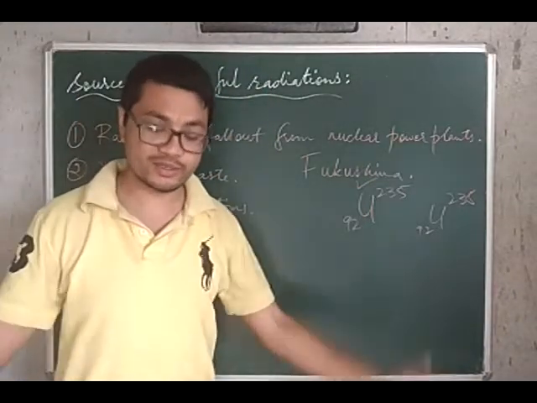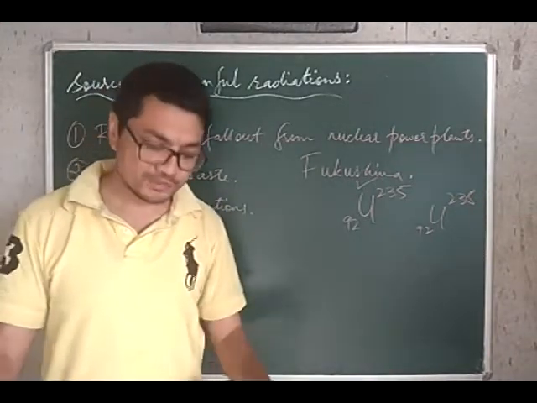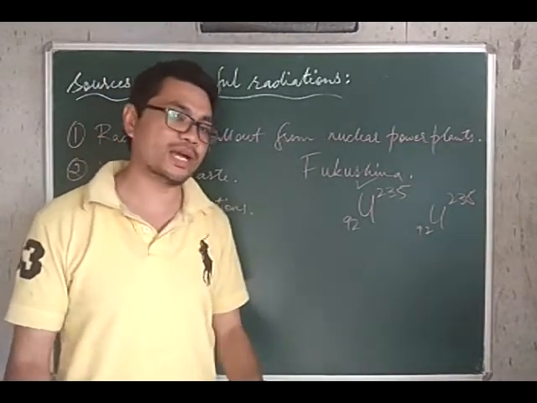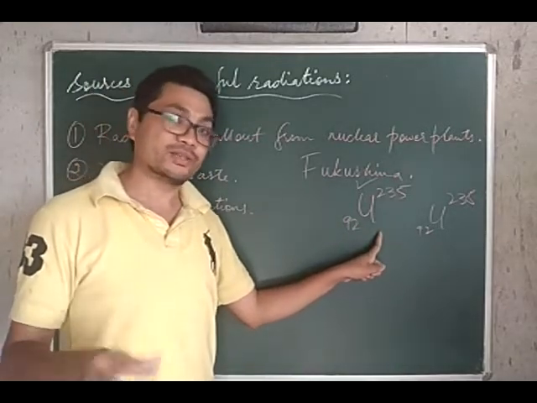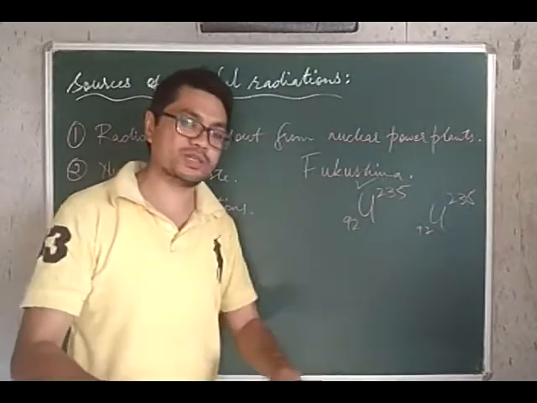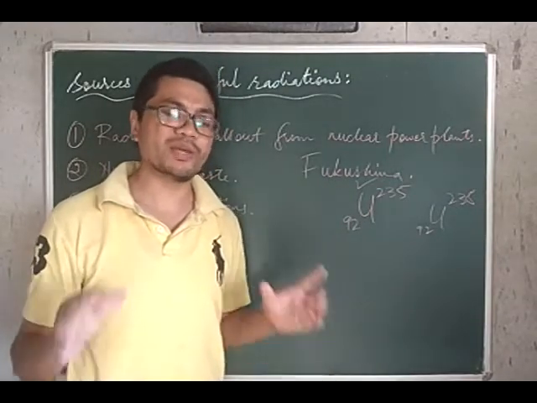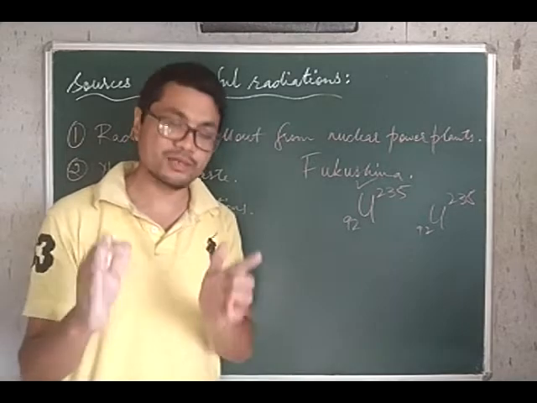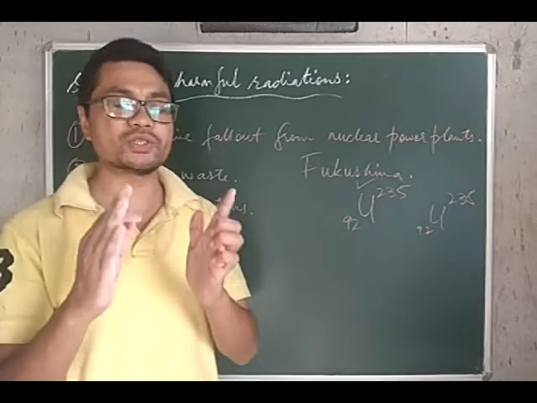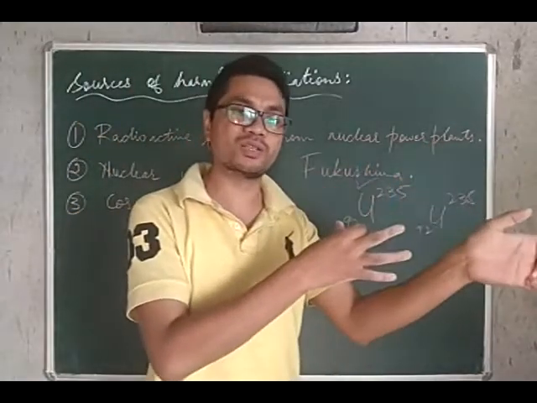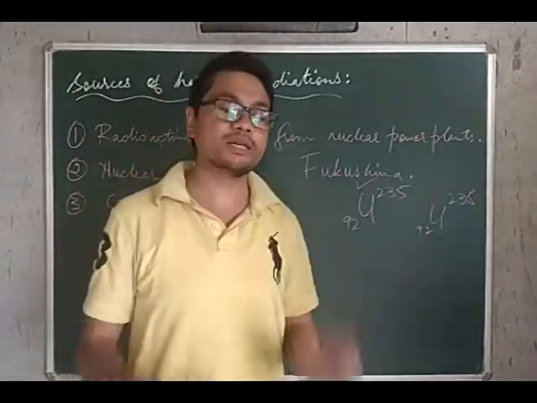Either you dig, in a very isolated area, many meters deep, and you dispose the nuclear waste over there. That too, the nuclear waste is to be put in a trunk, so to say, made up of very thick lead, because gamma radiations cannot penetrate thick lead plates.